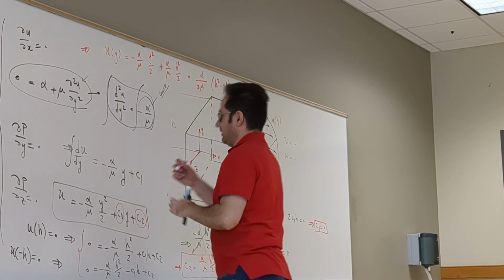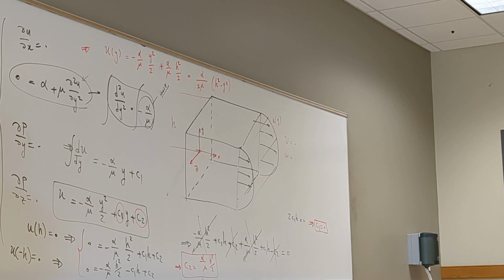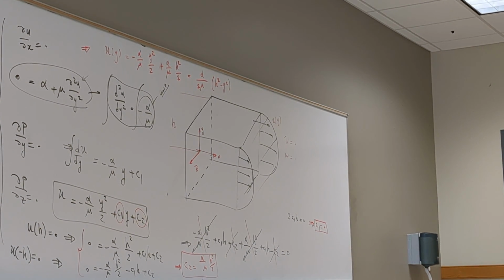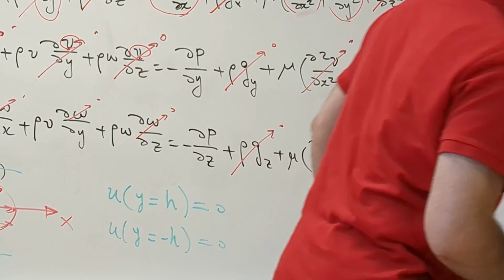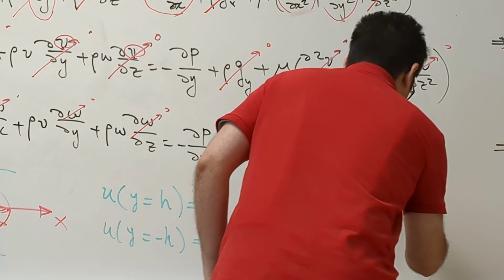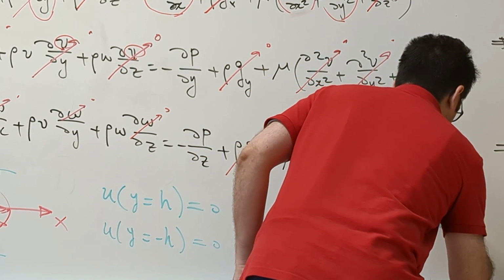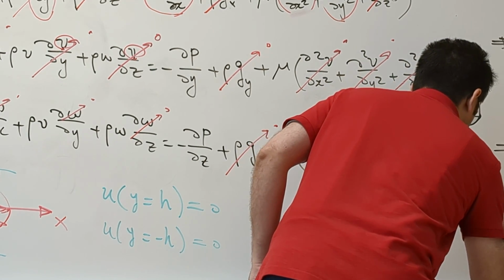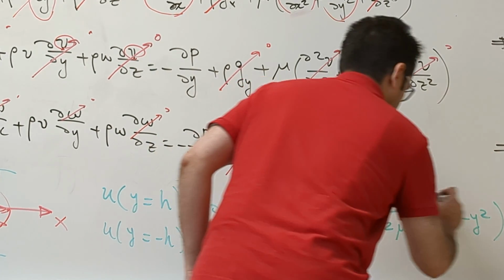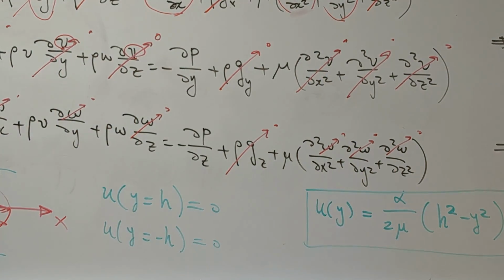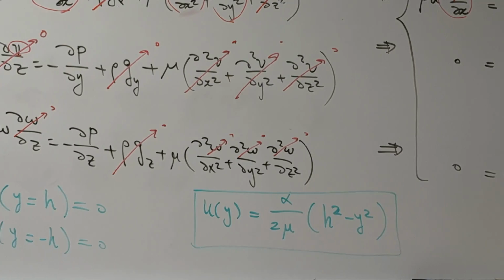Alright, so that's it. The end result: u of y is alpha over 2 mu times h squared minus y squared. Look at it.